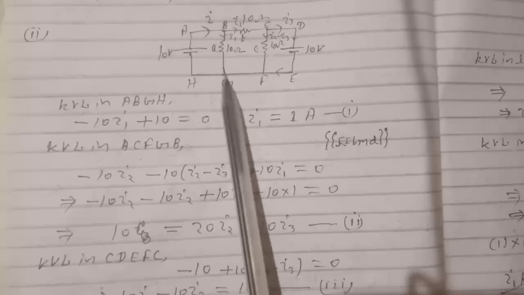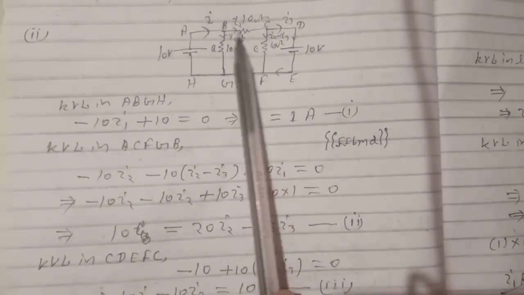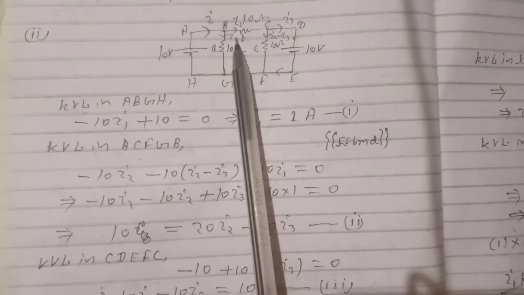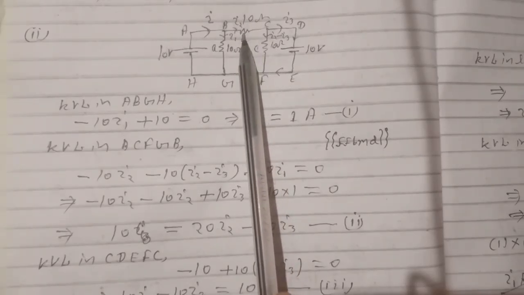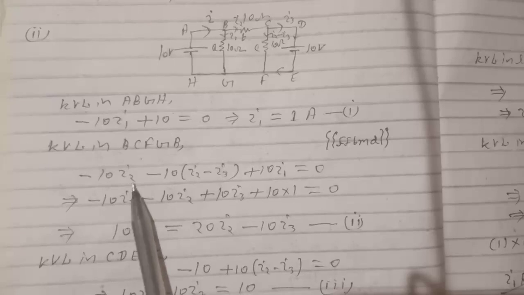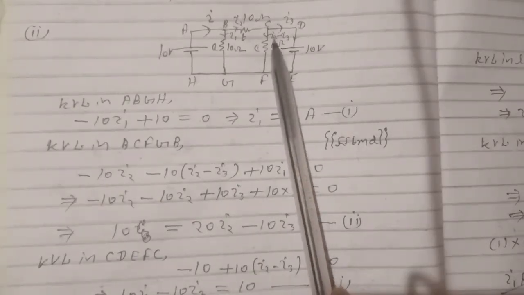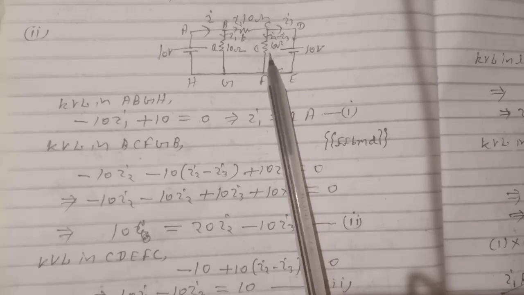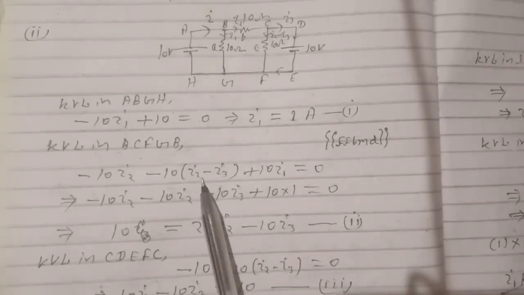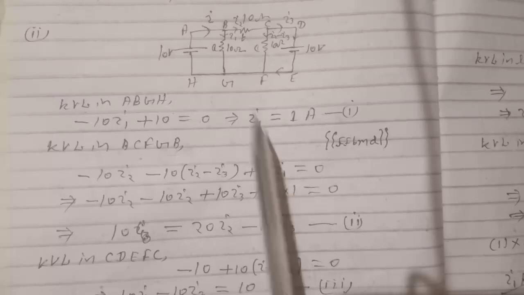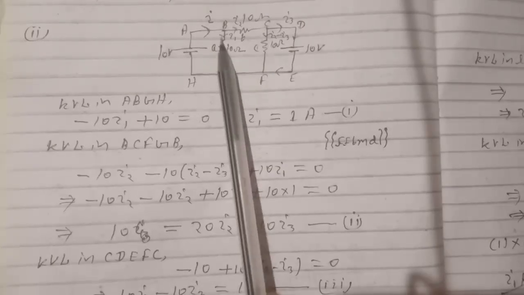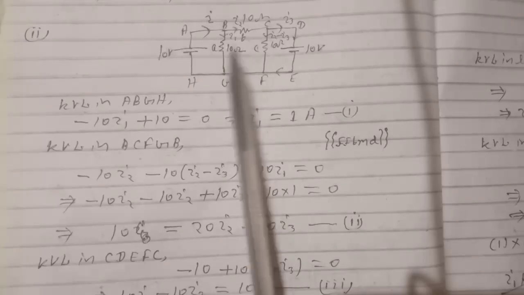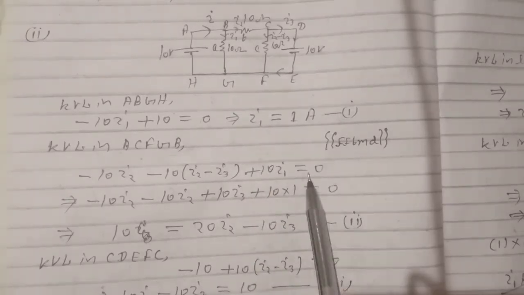And KVL in BCFGB in this mesh, so this is I1, we are going lower minus higher, and it is 10 ohm, so minus 10 I2, and in this I2 minus I1 is flowing, again lower minus higher, minus of 10 into I2 minus I3, plus in this case we are going from lower to higher, so higher minus lower positive, so 10 I1 equal to 0.